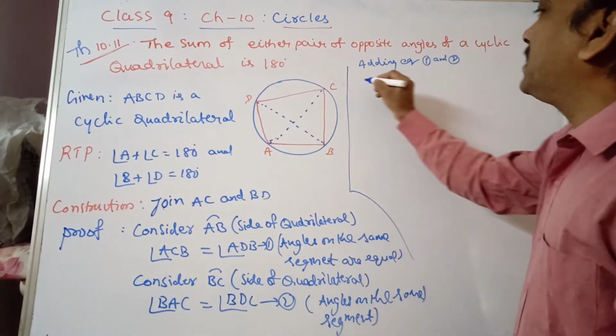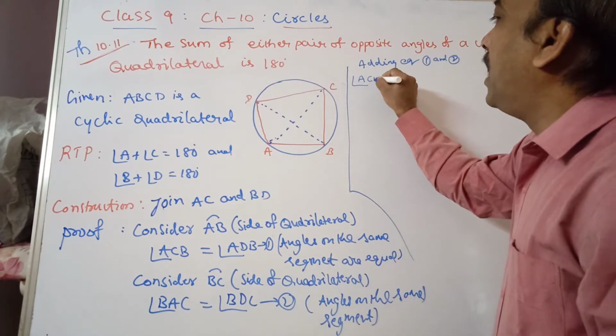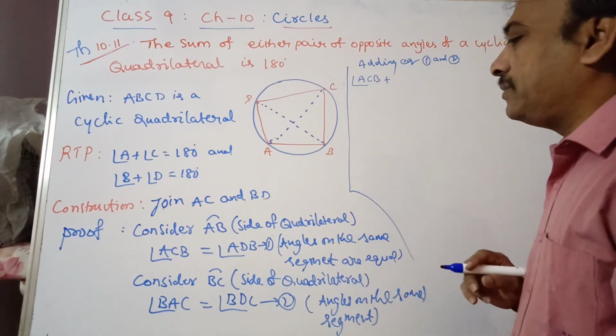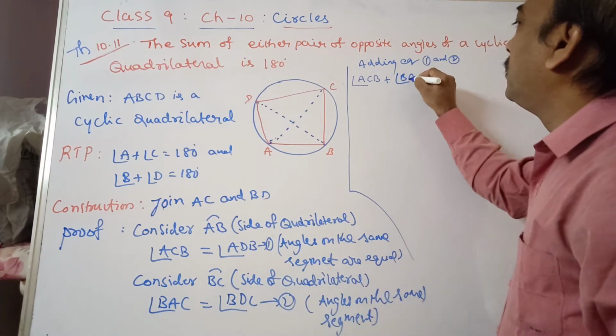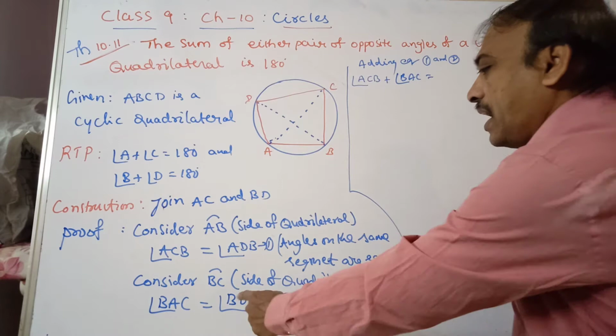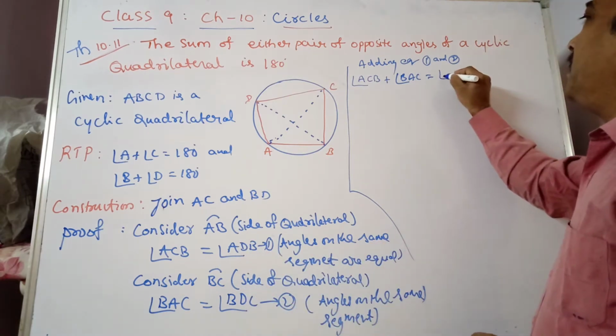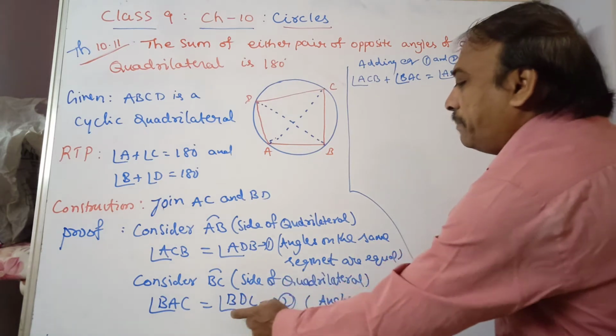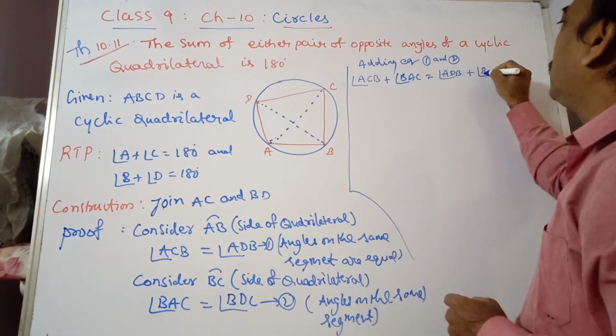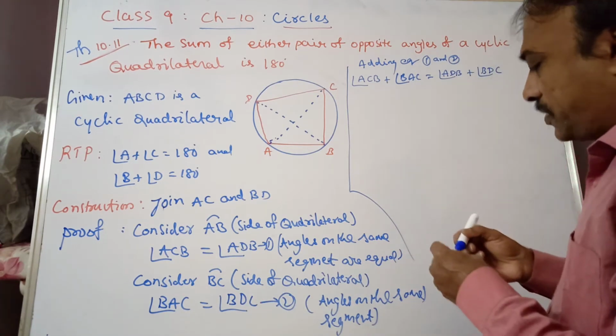So angle ACB, observe it. Angle ACB plus angle BAC is equal to angle ADB plus angle BDC. Now you observe it.